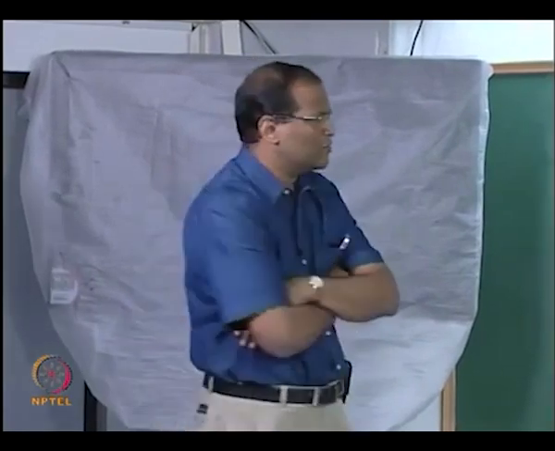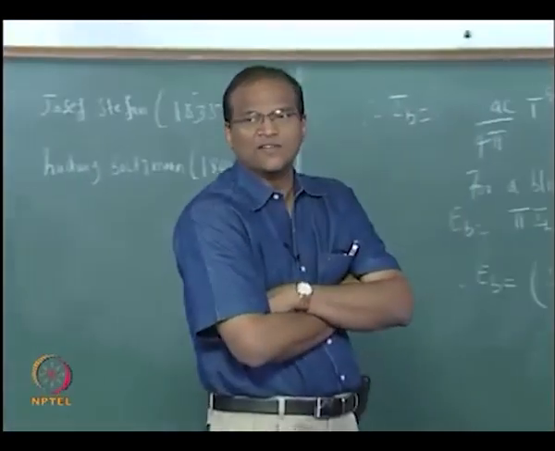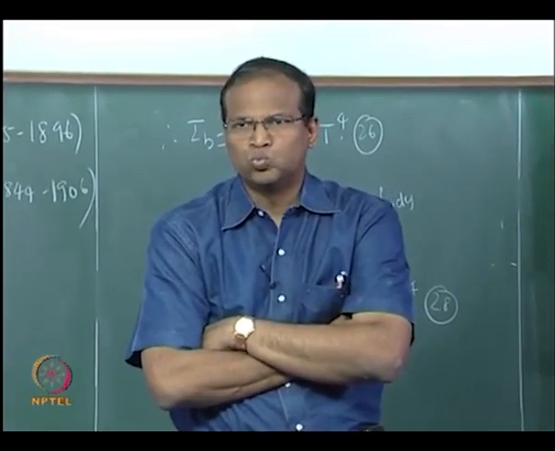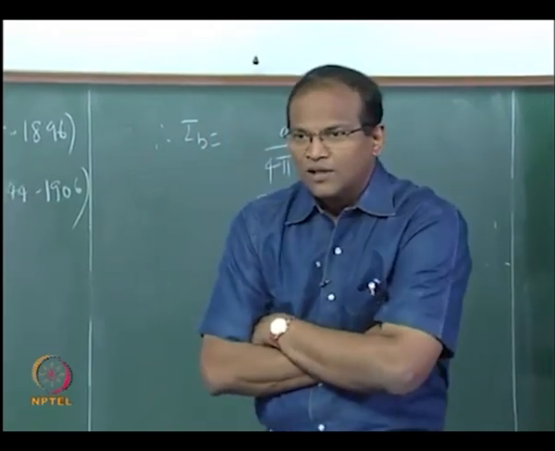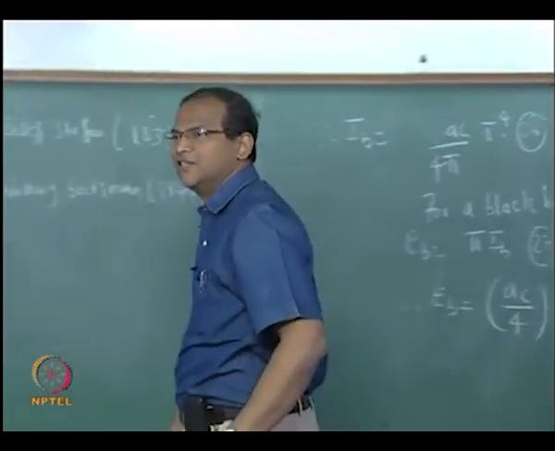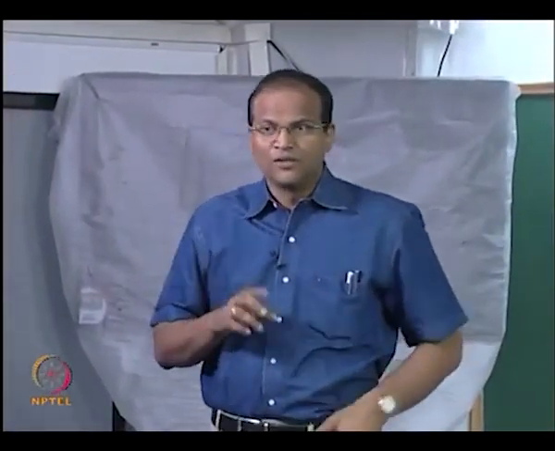Stefan was Austrian, Boltzmann was German. Stefan was the PhD guide and Boltzmann was the student. Boltzmann got his PhD with Stefan at the age of 22, and at the age of 25 he was appointed full professor of mathematical physics at the University of Graz.